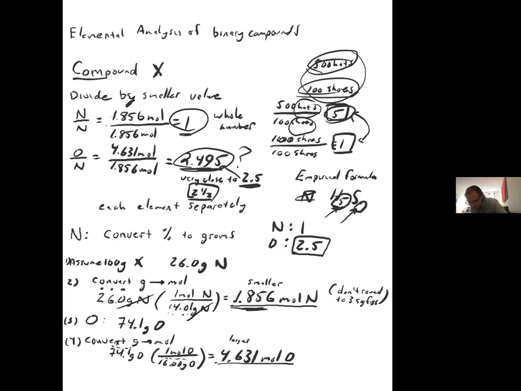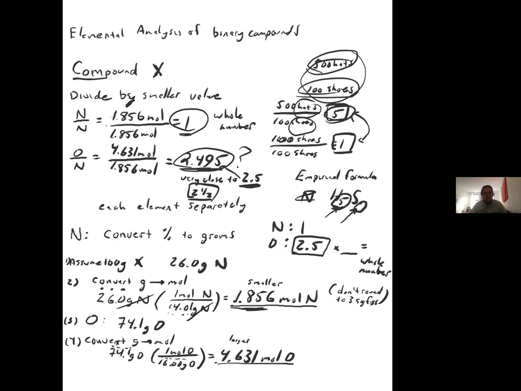So here's what you do. You ask, is there any small number, the smallest number I can think of, that I could multiply this by to get a whole number? That's the logic you're using now. Is there any small number I could multiply 2.5 by to get a whole number?